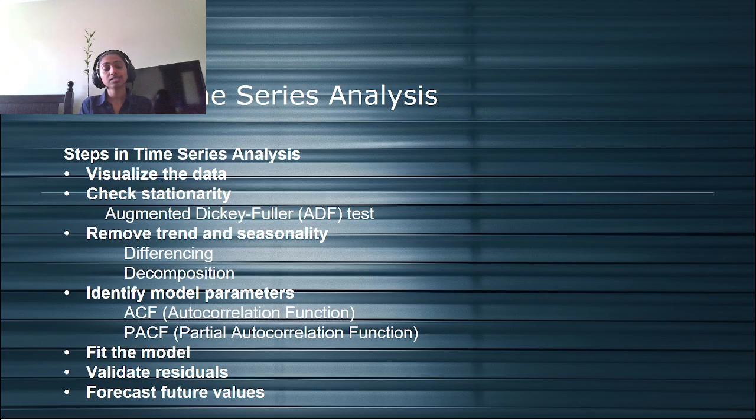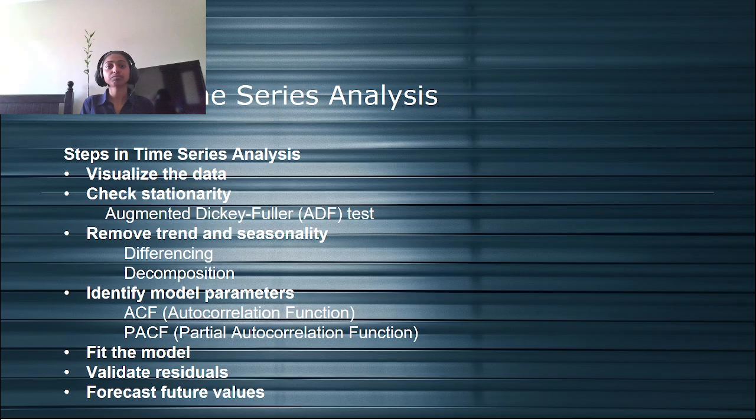This is a little bit more elaborate set of steps. First, we have to visualize. When we get time series data, first of all, we have to visualize the data and understand how the pattern is. Then we have to check stationarity with the augmented Dickey-Fuller test.